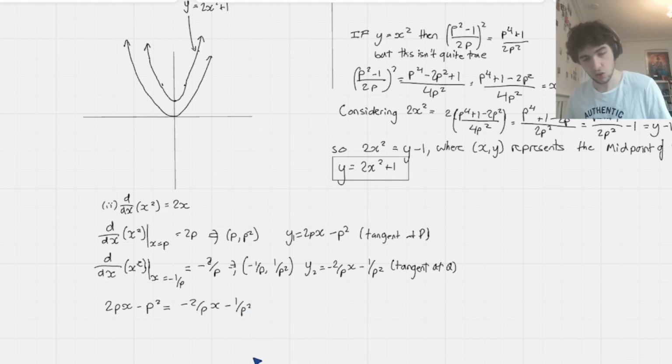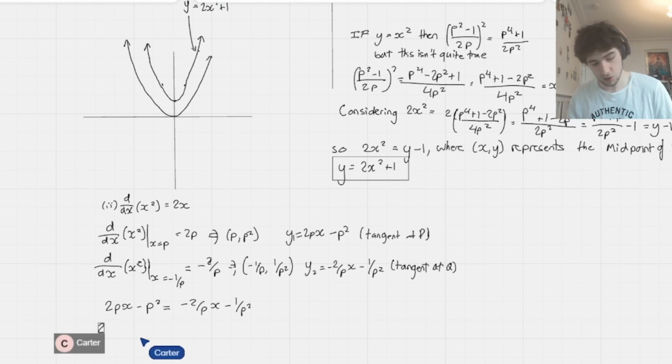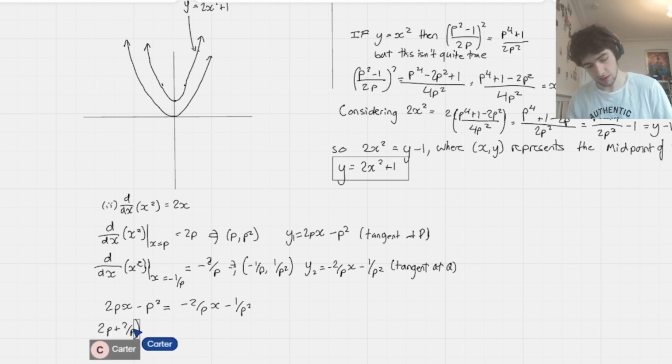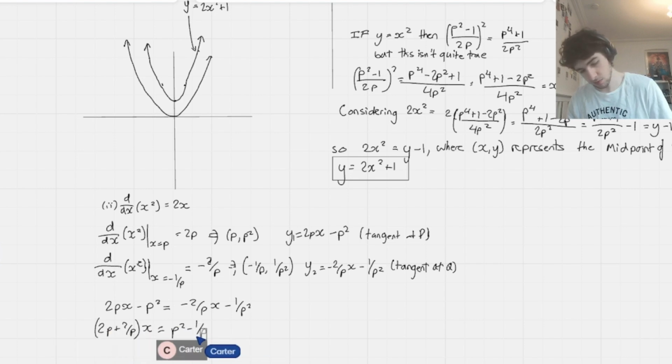And so now we need to solve for x, and that will be the x coordinate of our intersection point. And then from there we can solve for the y coordinate. Okay, so this gives me 2p plus 2 over p, multiplied by x, is equal to p squared minus 1 over p squared.